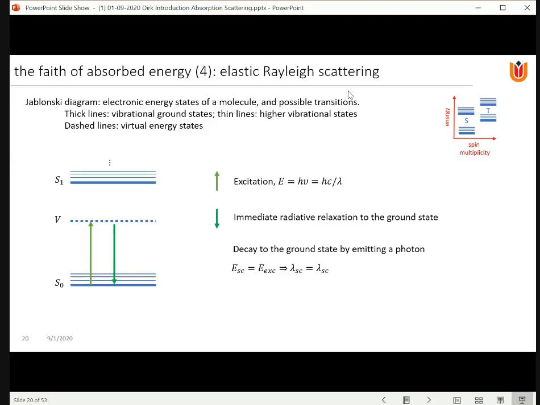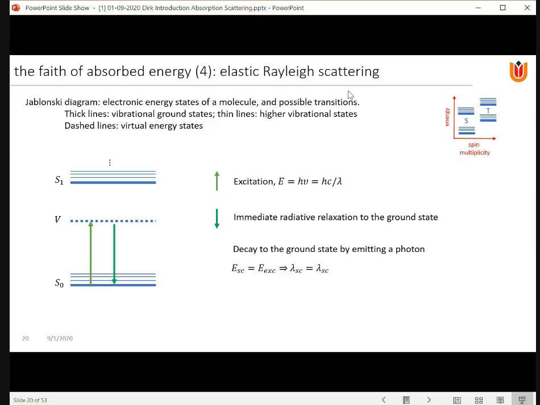The process here is that a photon of a certain energy and wavelength excites the molecule to this virtual excited state, and then immediately there is a decay to the ground state again under emission of a photon. Since the energies of these two photons are the same, their wavelengths are the same.